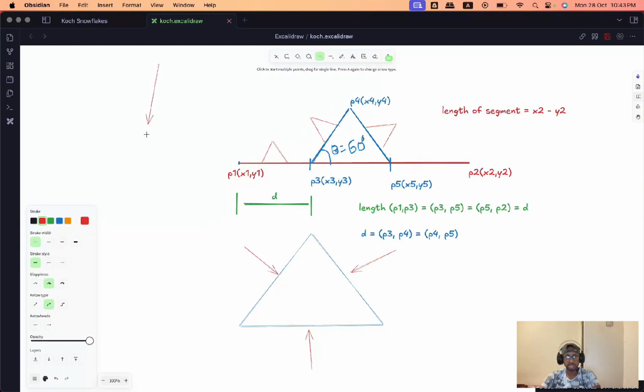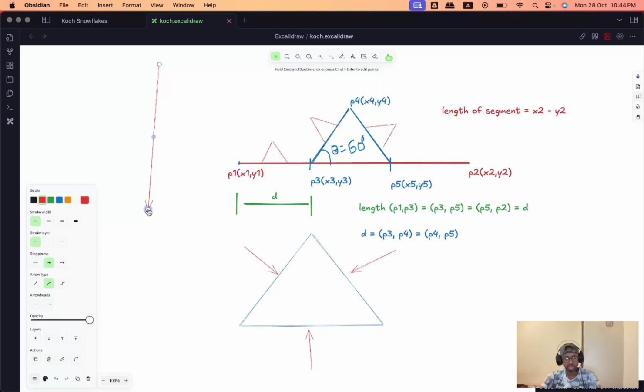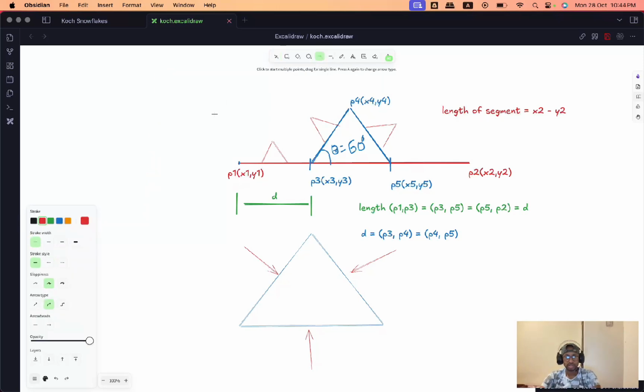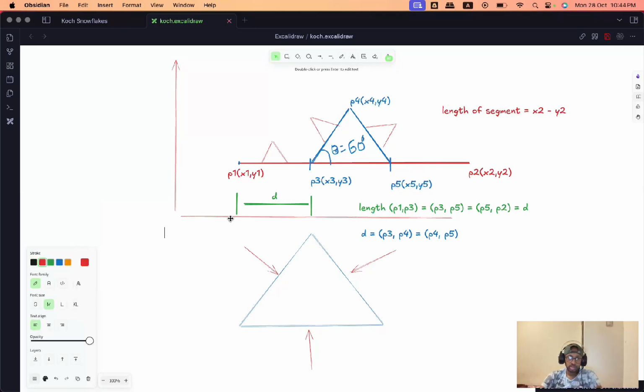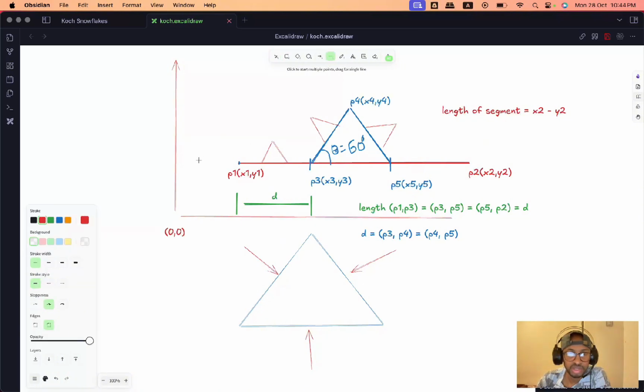For example, let's say this is our grid, this is our x and y, and this is my origin 0, 0. It might not be straight like this. If it is straight, then the segment length is straightforward, we just subtract the difference in the x-axis, but our line might look like this, for example.